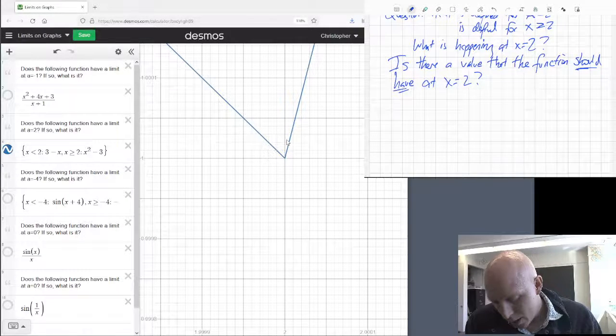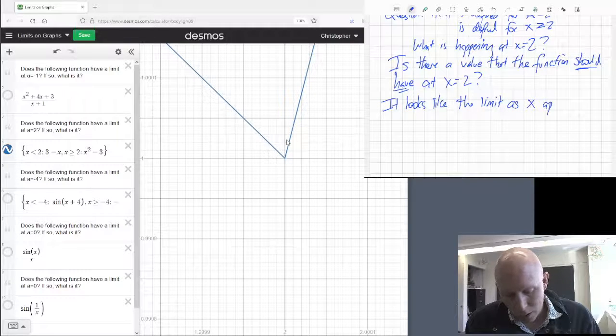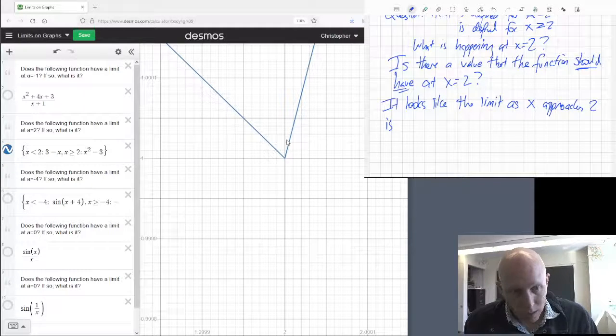So it looks like the limit as x approaches 2 is, and the function value is 1.